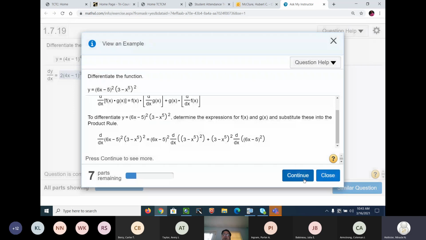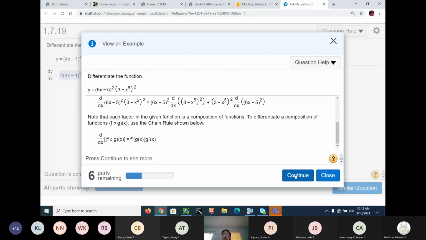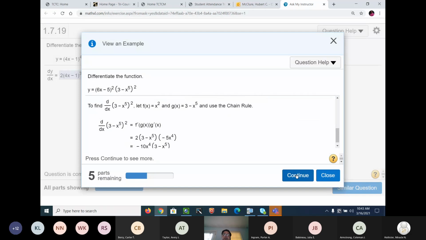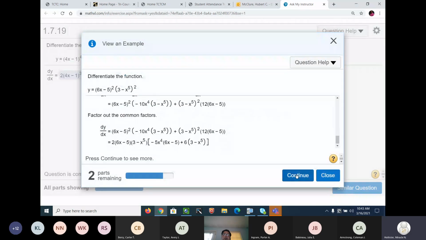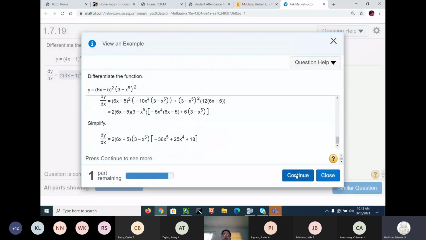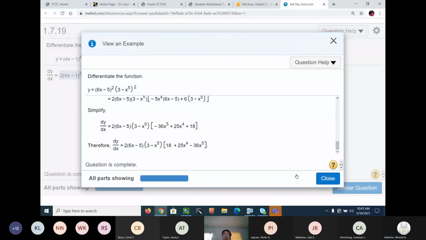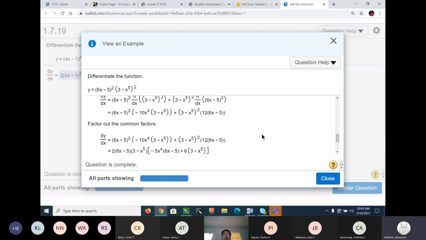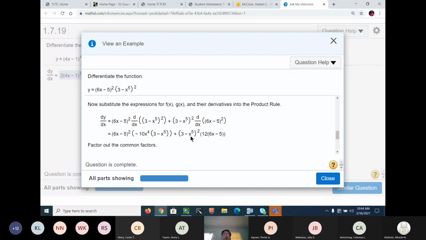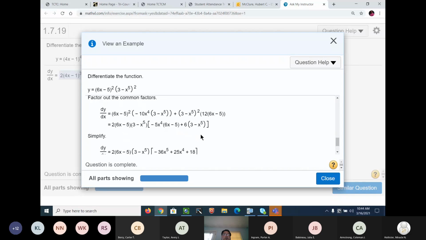Yeah, they make that problem like 5 steps. From where we're at right now, 5 more steps? Well, it's pretty long to get the final answer. You have to do a lot of algebra for sure. Here's where they factor out the common factors, yeah.